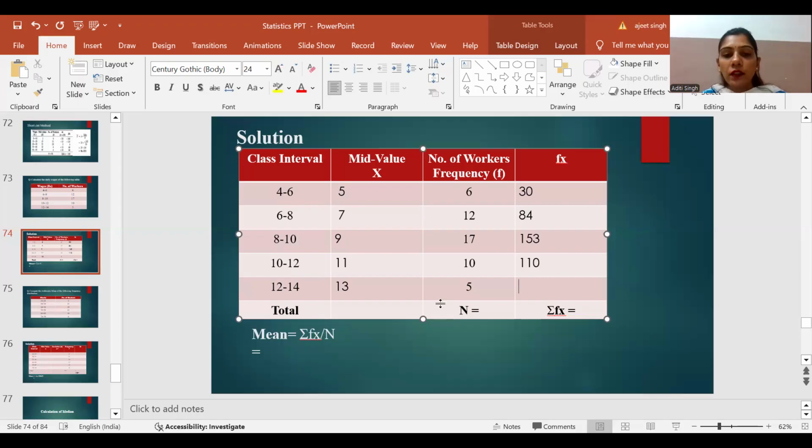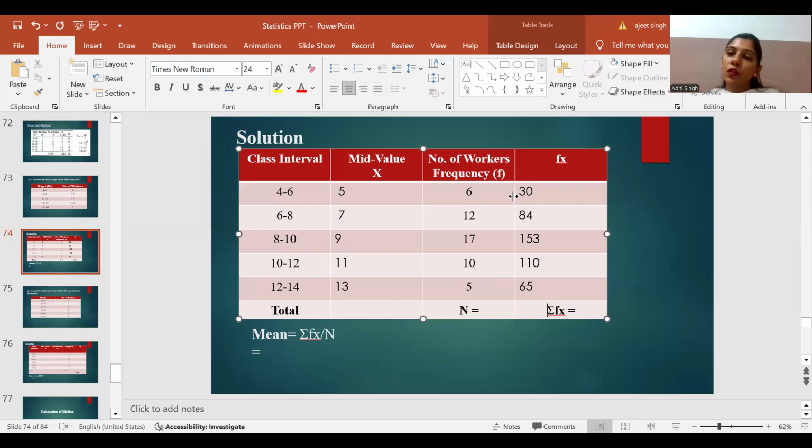After that, 13 into 5 is 65. So this is how we calculate the value of fx. We have to multiply x into f so that we get the value of fx.